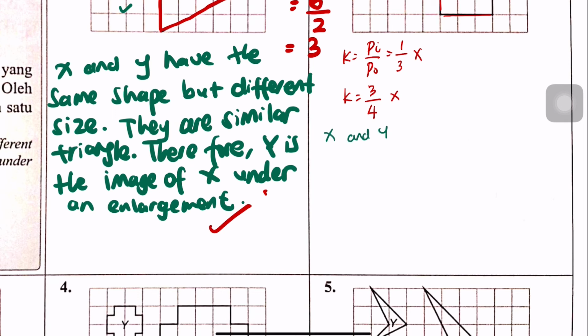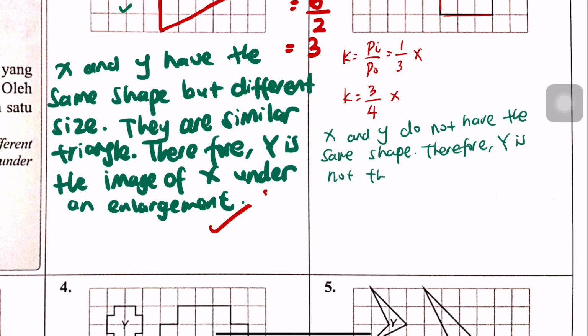X and Y do not have the same shape. Therefore, Y is not the image of X under an enlargement.